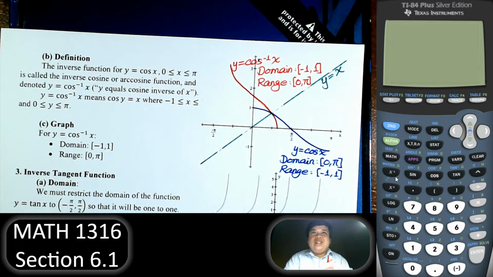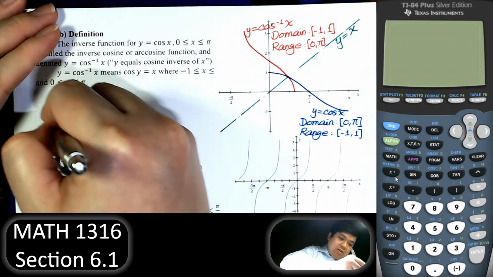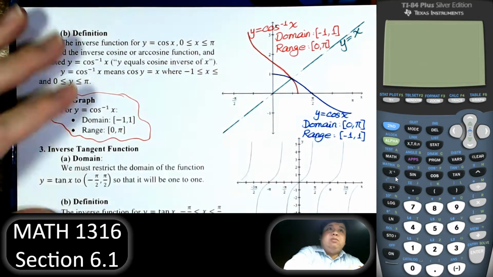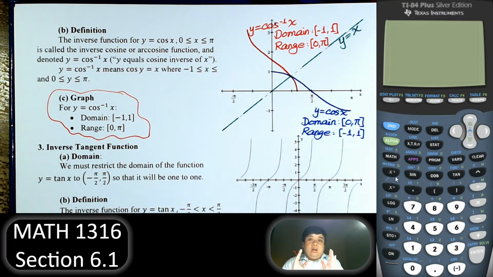So just interchange that. And these are properties of the cosine inverse function. So once again, it's very important that we restrict the domain so that the function is one-to-one. And then after that, domain and range interchange, and we have the inverse function.